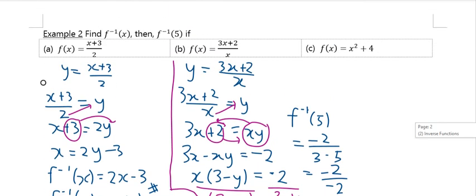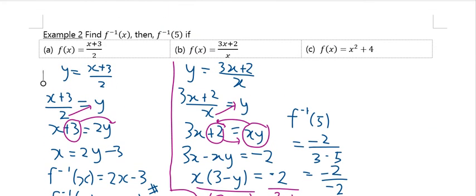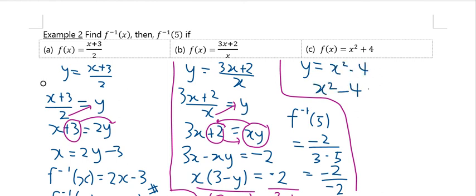Part B. And next one I will do part C, which is this one. So let's start. For part C, y equals x squared minus 4, and you have to make x the subject, remember that. So here I will flip and get x squared minus 4 equals y.